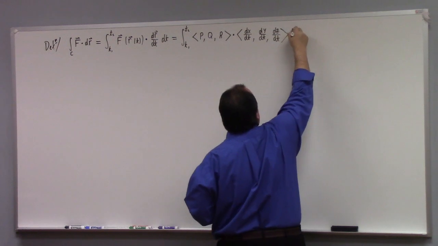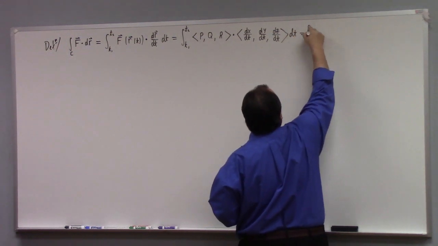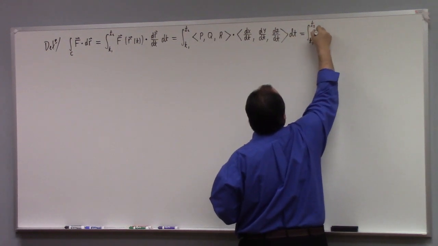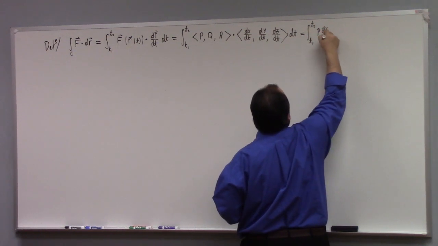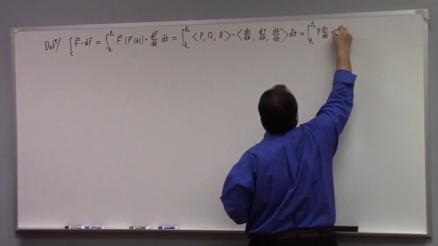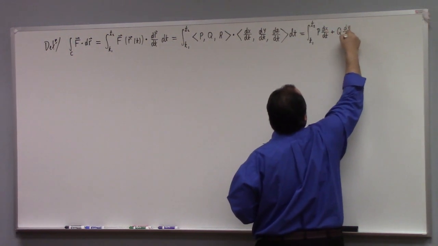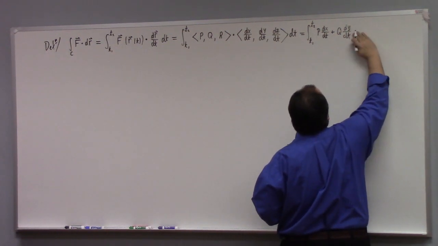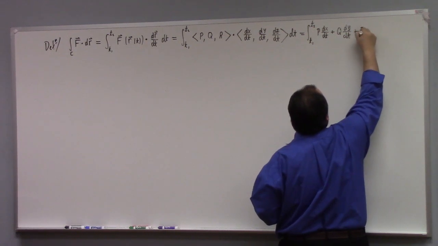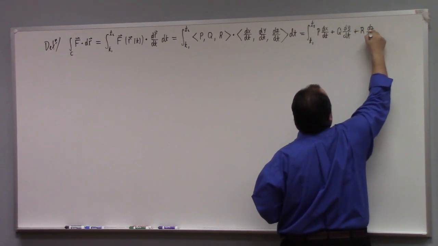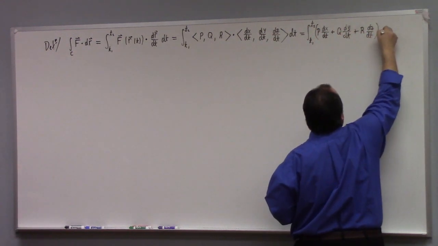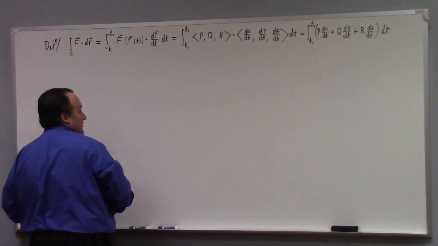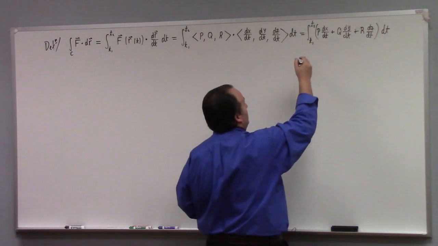And if you take the dot product here, you have the integral from t1 to t2 of P dx dt plus Q dy dt plus R dz dt, all times dt, right?